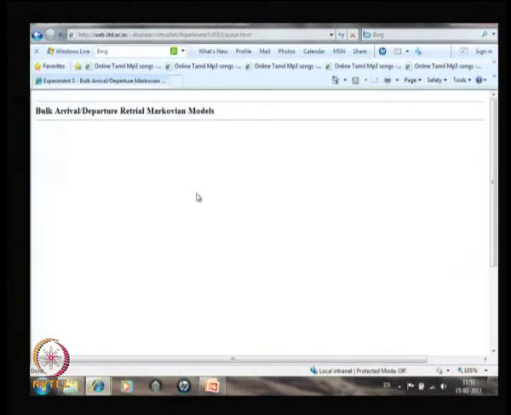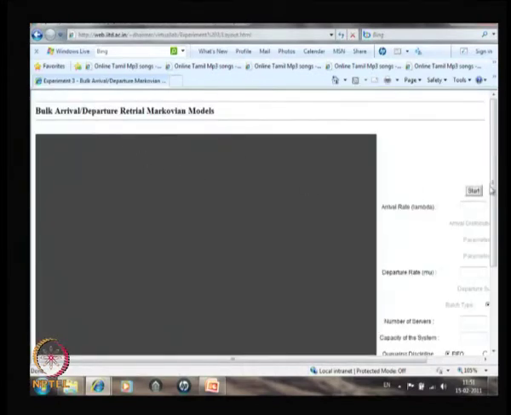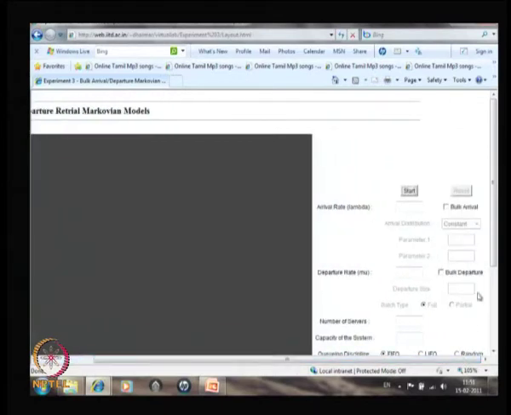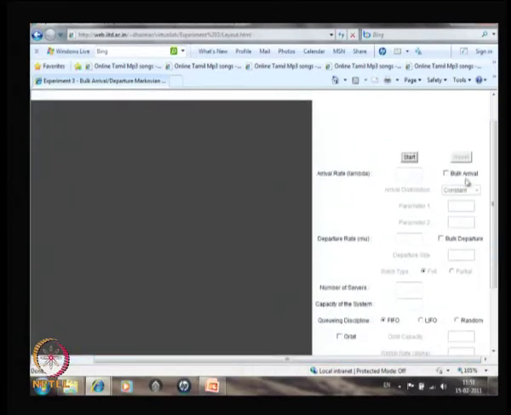Therefore, let me show the simulation. You need some more information. What is the arrival rate you have to supply? If it is a bulk arrival, then you should say what the distribution is, whether the bulk arrival comes as some constant number or with some distribution. You can choose it to be geometrically distributed.